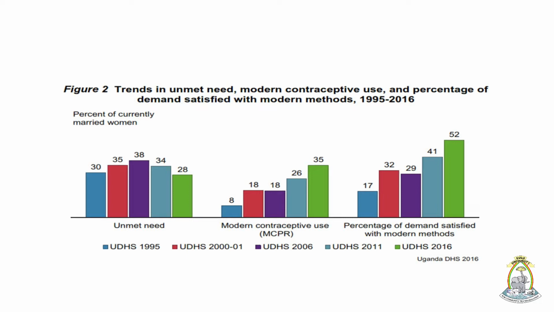If you look at this graph, it shows the different years. The unmet need has been relatively unchanging, while the prevalence is, of course, increasing, and the percentage of demand being satisfied is also increasing, up to 52%.